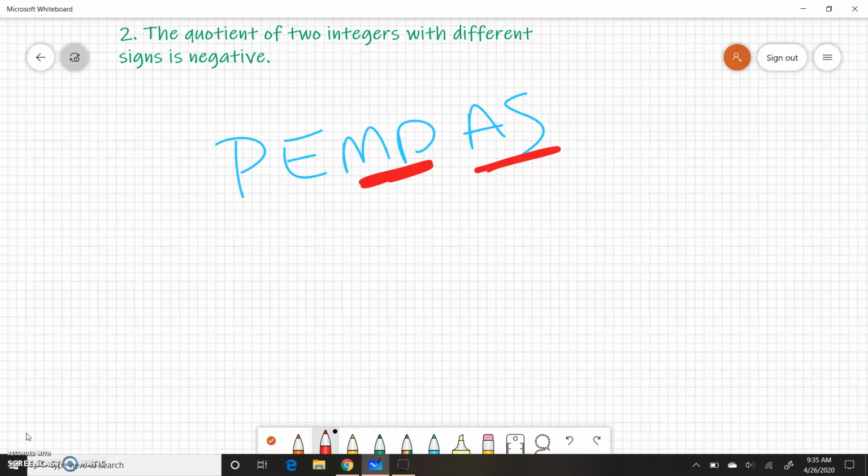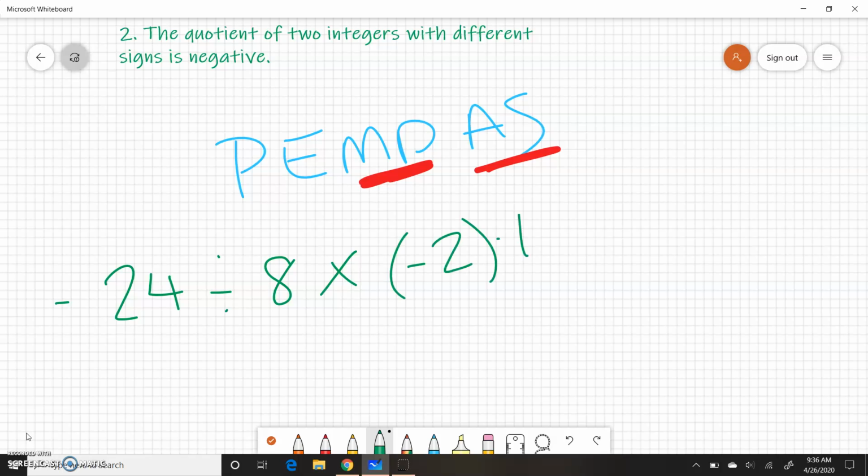So if I have -24 divided by 8 times -2 plus 40, I'm going to follow PEMDAS. First I see parentheses, but the parentheses don't actually have any type of math problem in them. It's just showing me that that's -2. So there's no parentheses that count.